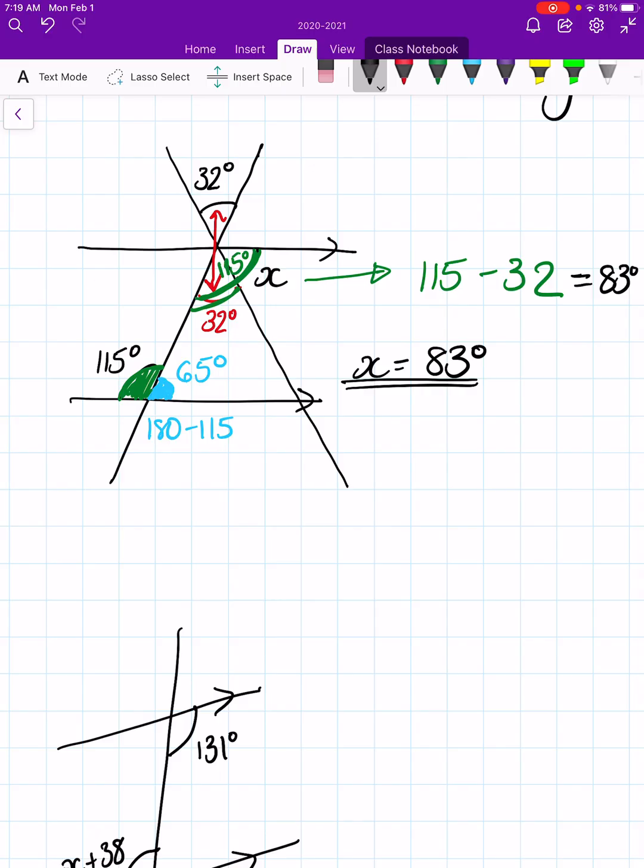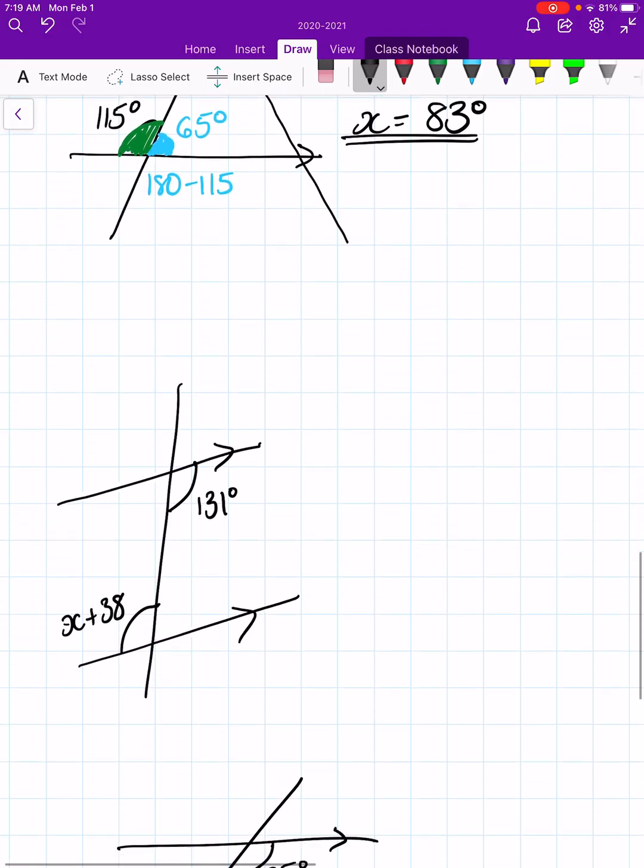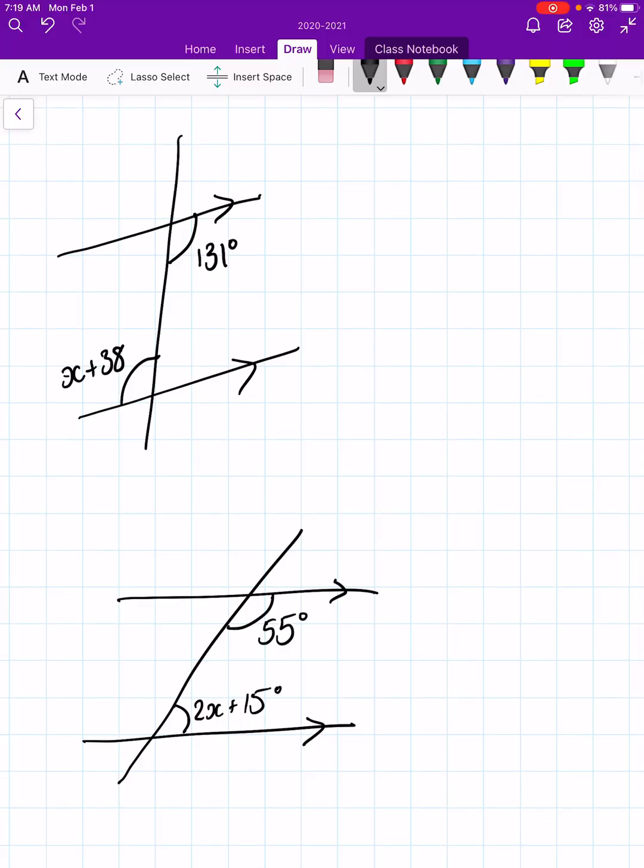So you see we've employed lots of different angle facts there to find the angle that we need. Sometimes you might be asked to set up equations. Okay, so here we have our angles on parallel lines. We have some alternate angles here. And what we know is that alternate angles are equal.